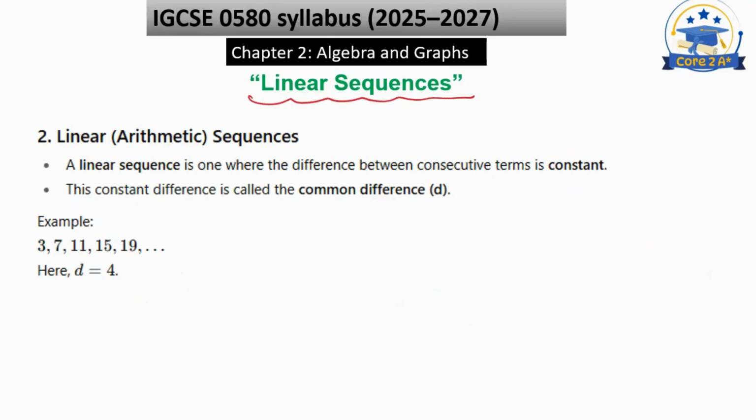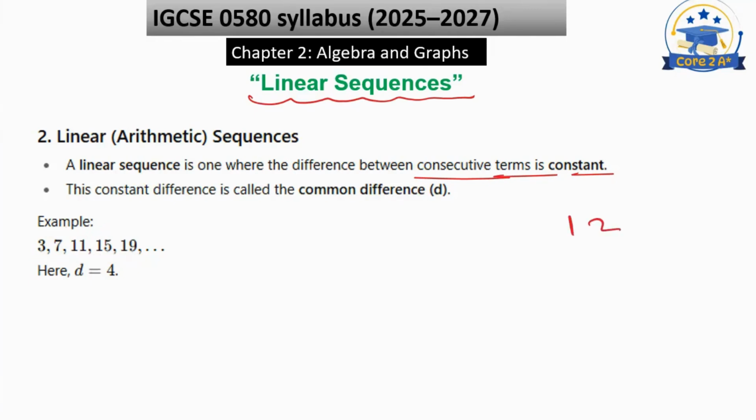What do you mean by linear sequence? A linear sequence is one where the difference between consecutive terms is a constant. Consecutive terms means two regular terms like 3, 7, or 7, 11, or 11, 15, or 15, 19. You cannot take any random terms, like 3 and 11, or 7 and 19, right? You cannot pick any random terms. It must be consecutive.